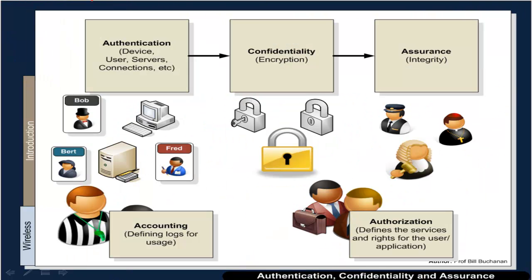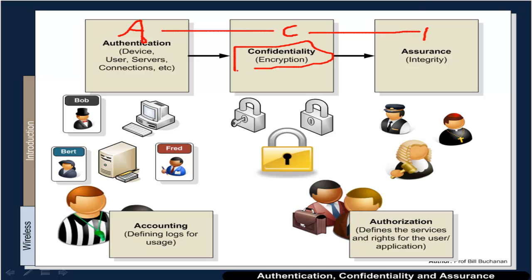So what are our main guiding lights? Well, typically we deal with CIA: confidentiality, integrity, and authentication. It's these three things together that should give us a secure infrastructure. For confidentiality, we use techniques such as encryption to be sure that we can keep data secret.